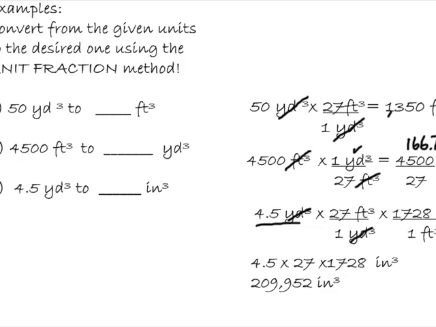Notice now the cubic feet cancel, and I'm left with cubic inches. Do the math: 4.5 multiplied by 27 multiplied by 1,728, and I wind up with 209,952 cubic inches.